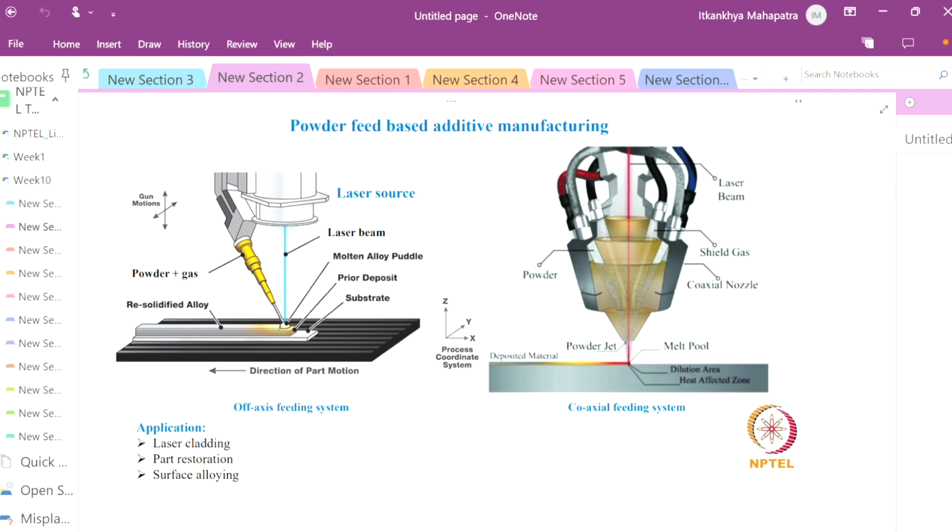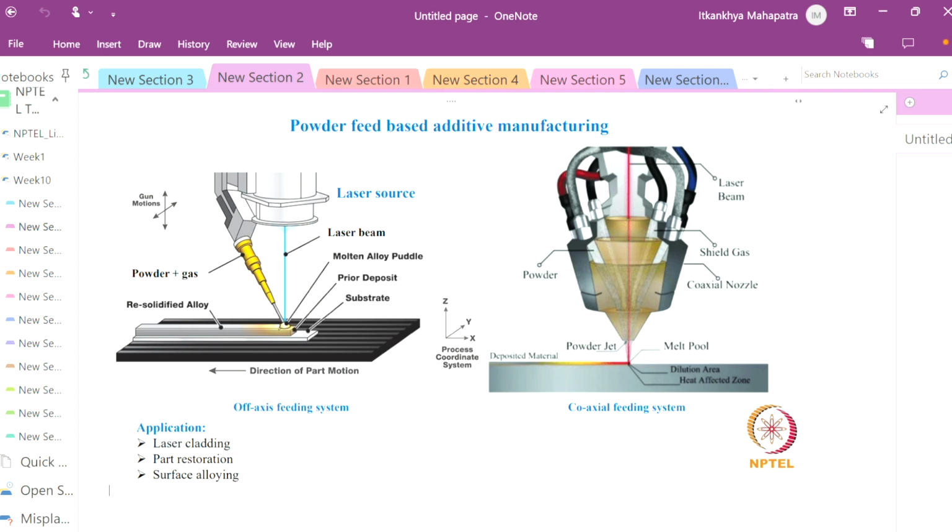As you can see, there are two types of feeding system, off-axis and coaxial feeding system. Today we will discuss some questions, numericals and some theory-based questions.